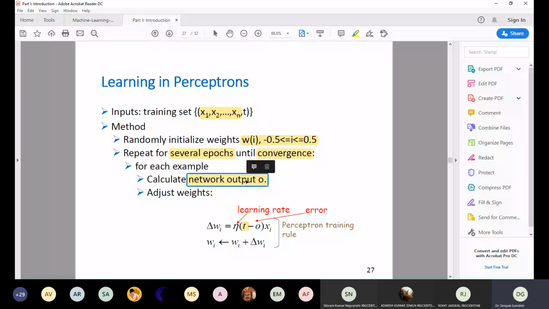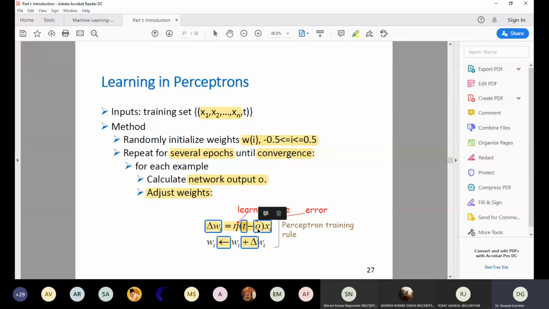So first the perceptron will compute the network output O, then it will adjust its weights accordingly. It will first find the change in weight as equal to the learning rate multiplied by target minus the output. Targets are those values which are given in the example, that is in the input training set, for a particular x, what could be the target, that is t, and O is the output given by the network.